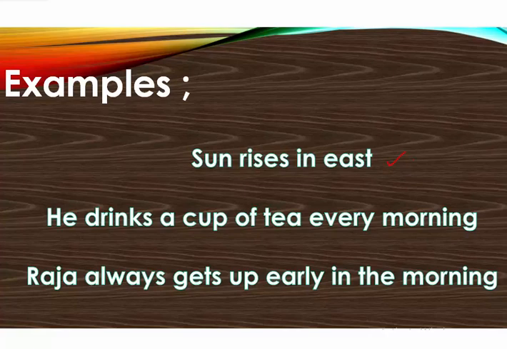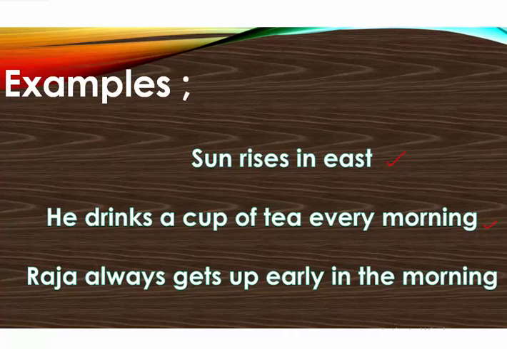He drinks a cup of tea every morning. In this sentence, every morning he is drinking a cup of tea. It's a habitual action. So this is also a simple present tense. It's coming under the habitual action.